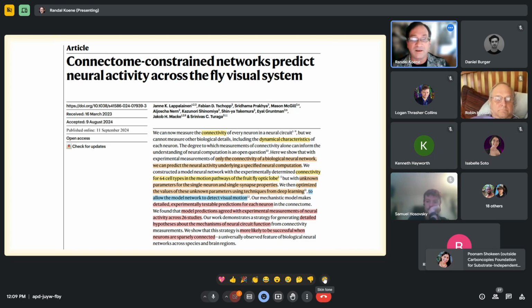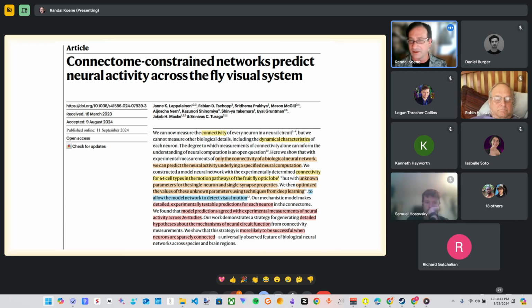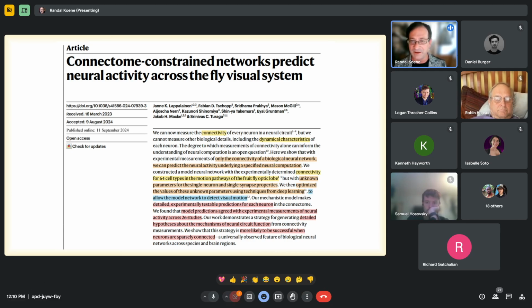For those of you who are either at the Brain Preservation Foundation or who joined us back at SFN, note that the date this was first received was the 16th of March 2023. This paper had already been submitted to Nature months before Srini and others participated in the 2023 Aspirational Neuroscience Gathering at SFN that the Brain Preservation Foundation organized with support from the Carboncopies Foundation.